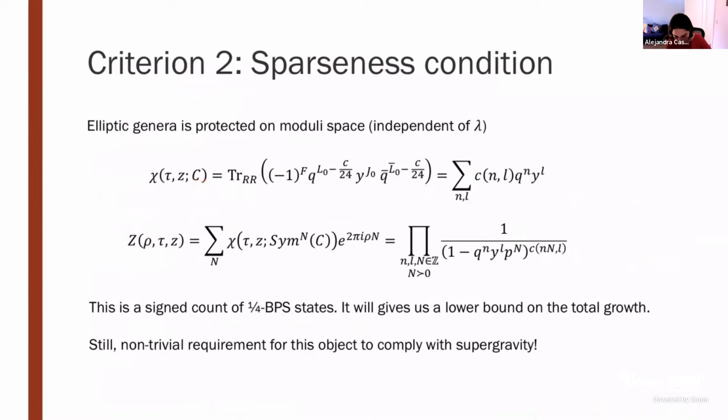And this is where the DMVV formula enters. So if you know the symmetric product orbifold, if you know the elliptic genera of one instance, then the DMVV formula nicely tells you how to build a generating functional that captures the elliptic genera of any n instance of the symmetric product.